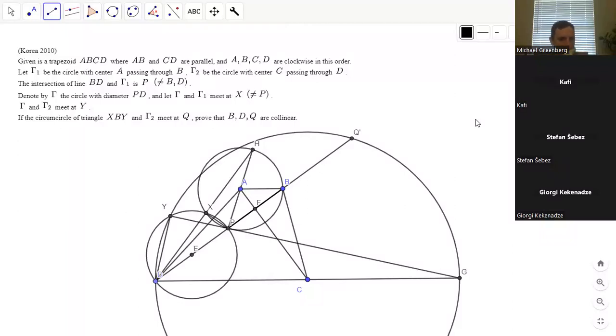Okay, now I looked at the angle XBQ prime. That angle is 180 minus XBP, which is half of angle XAP.